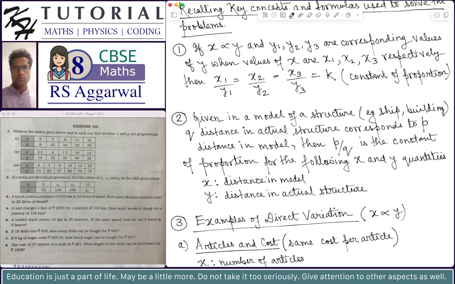q distance in the actual structure corresponds to p distance in the model, then p by q is the constant of proportion for the following x and y quantities.